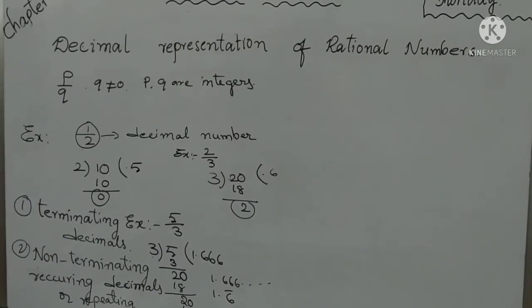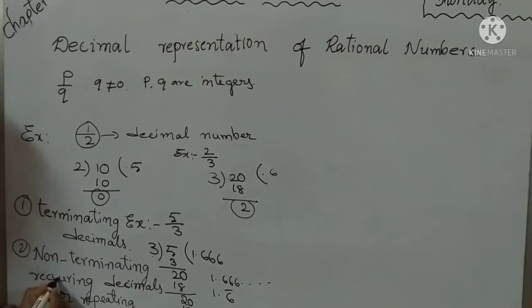Understand here? These two types are there. The first one is terminating decimals and the second one is non-terminating recurring decimals or repeating decimals. So how do we identify terminating decimals and non-terminating decimals?